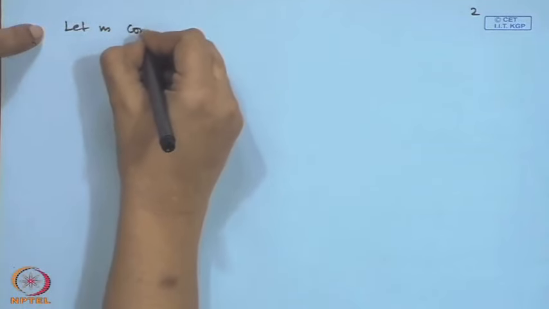Now we are considering the geometric programming problem where the objective function is in the form of a posynomial, and the constraints are also in the form of posynomials. Let me take one example first, then I will go to the general methodology for solving the geometric programming problem. Let us consider an unconstrained geometric programming problem.